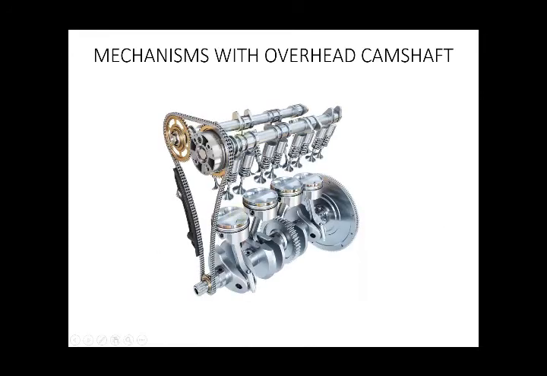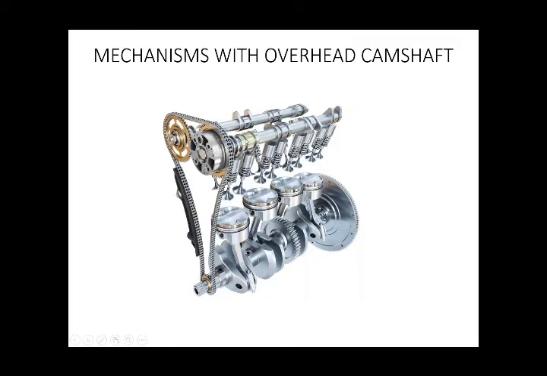That means the camshafts are every time immersed in oil, or they should be properly lubricated with oil in order to prevent the friction between the cam surface and the tappet surface.